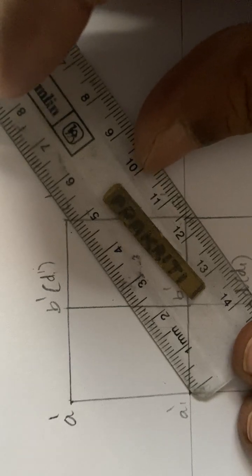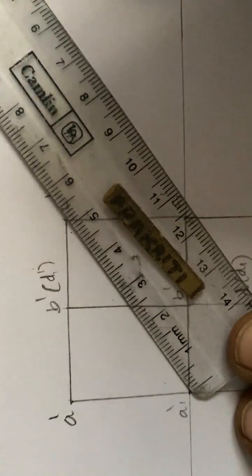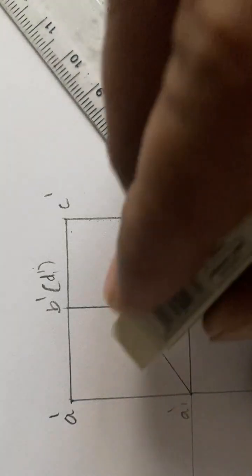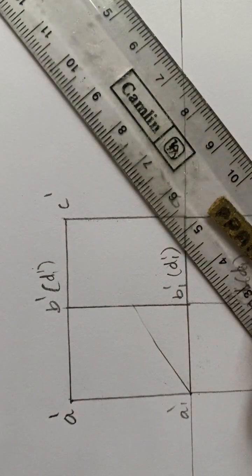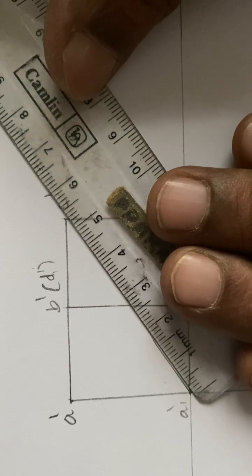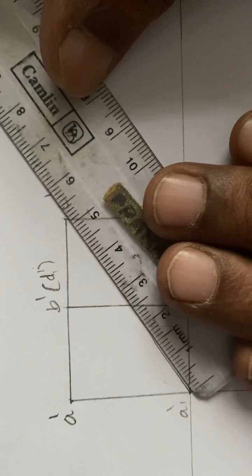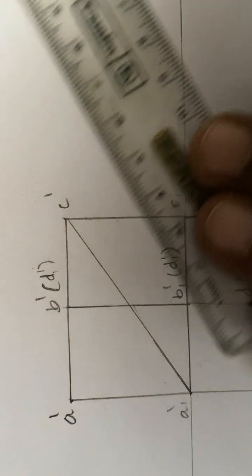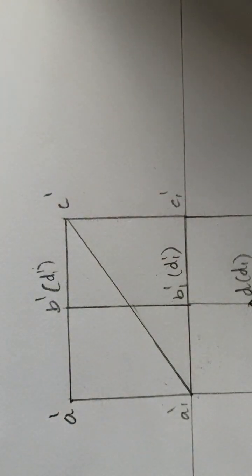Be careful, because if the scale shakes, it will create a problem. You draw a diagonal like this.